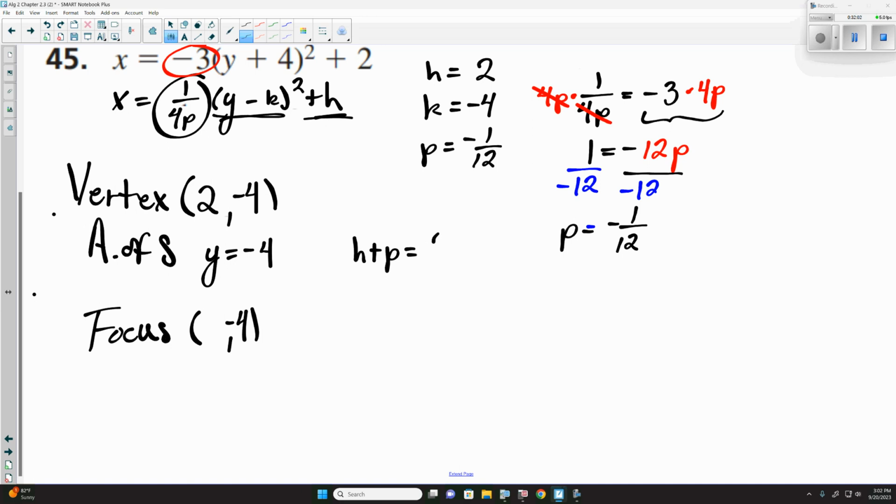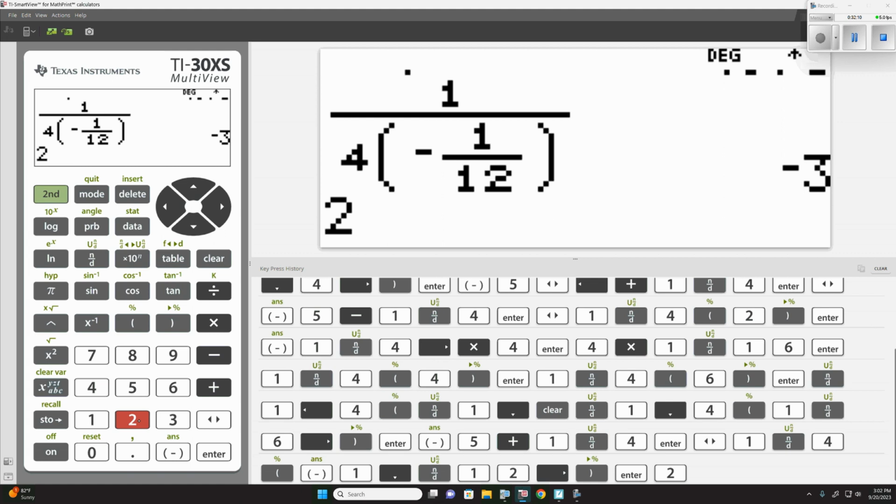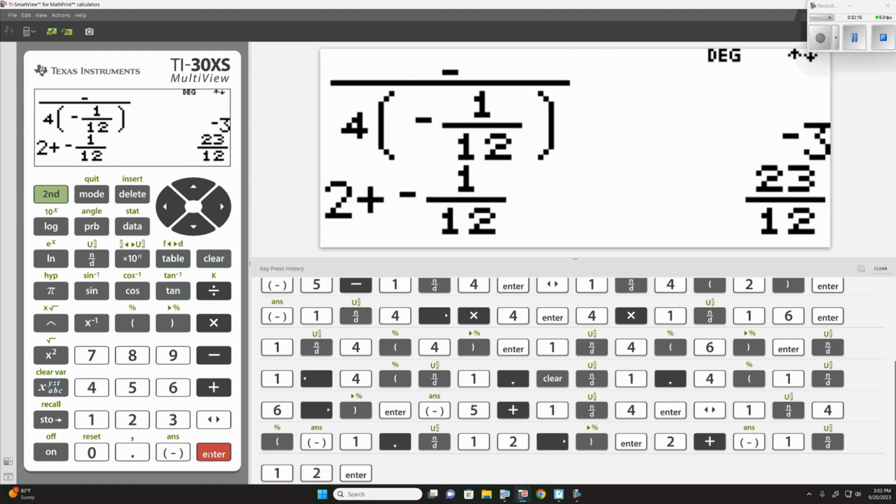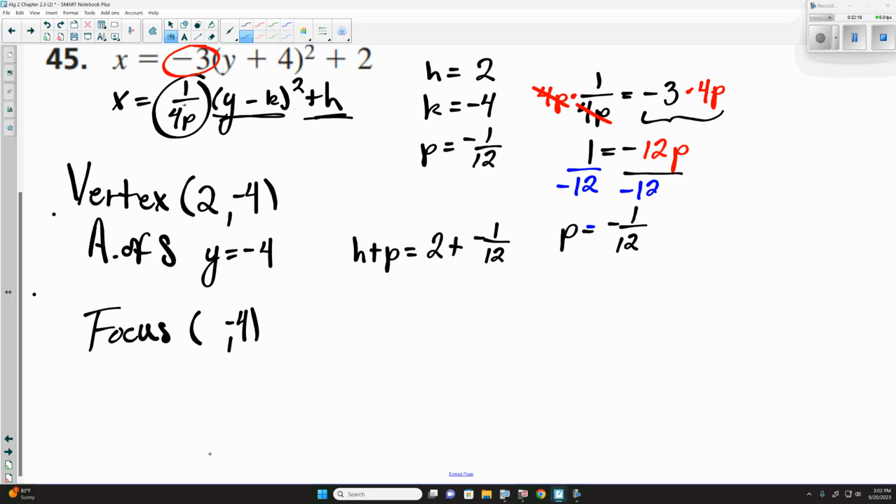Well, h is 2, and p is negative 1/12. So we'll need to do 2 plus negative 1/12, which is 23/12. And lastly, the directrix.